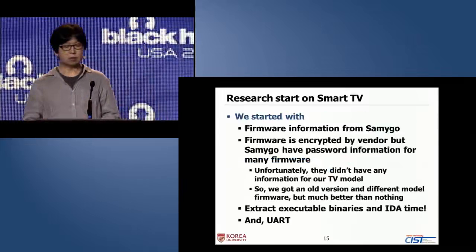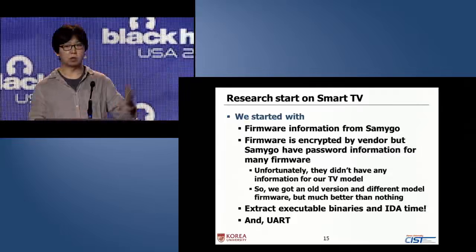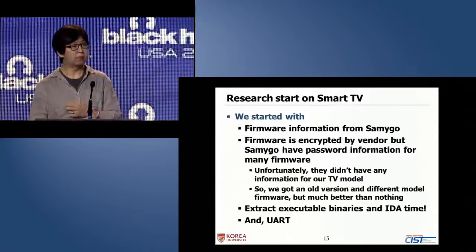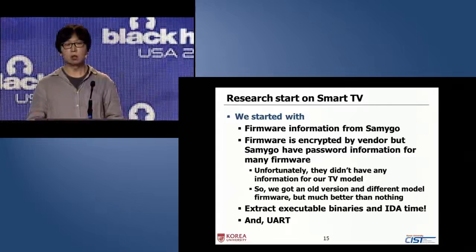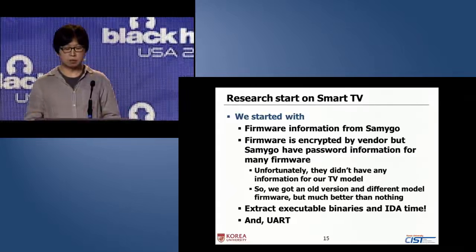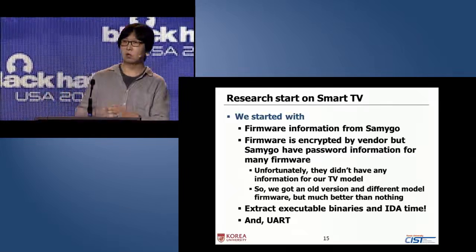At first, I was trying to download the firmware for my smart TV model, but the problem was that at the time my smart TV was really brand new, so the Samsung site didn't have any information for my TV, so I decided to find another way.